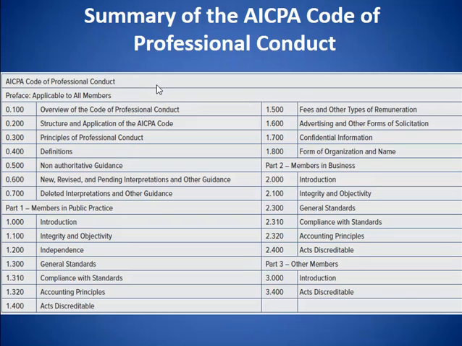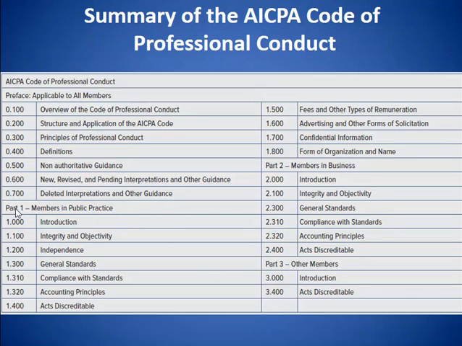If you look at this, you can see that it's actually broken into literally 4 parts. There's a part that says all these codes of conduct are applicable to all members, whether they're in public practice, in business, or in other pursuits.